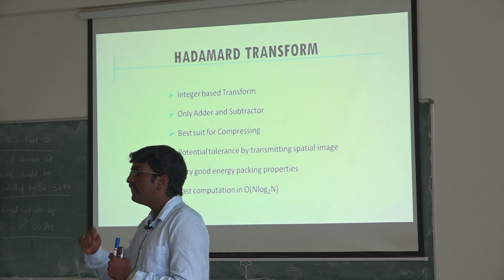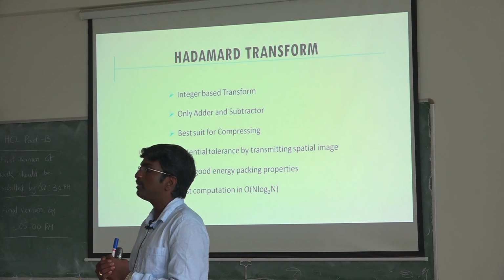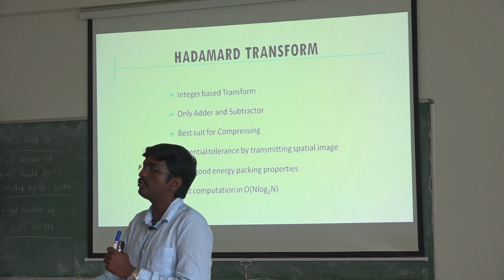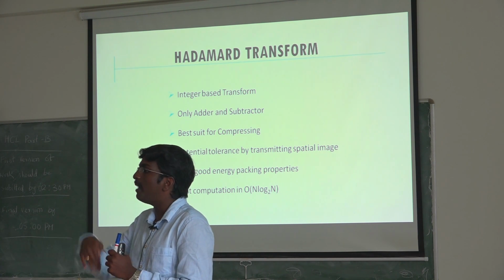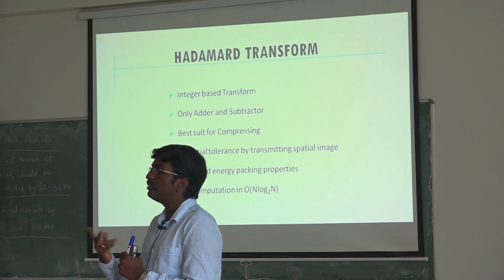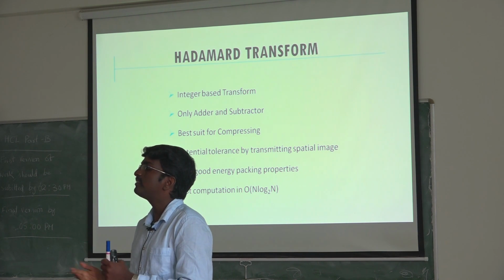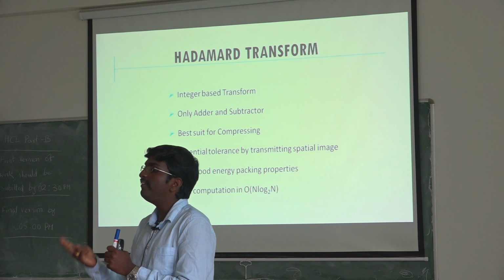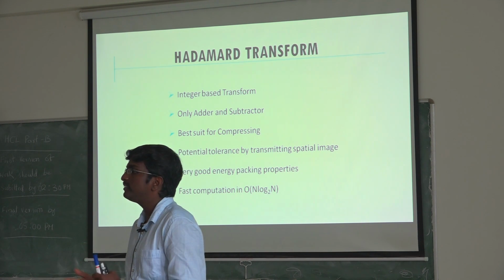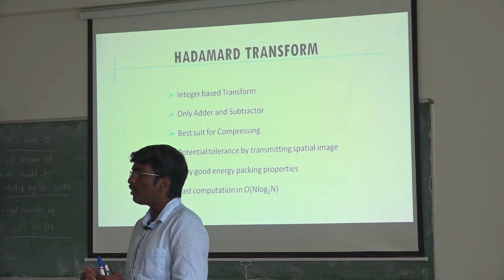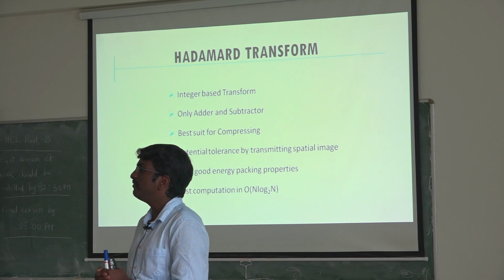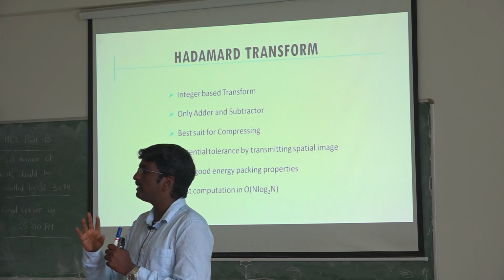Similarly, whenever I process with some other signal, I transform to some other domain, and I need to retrieve it back to the original domain. So if this retrieving-back, inverse property exists, then we say it is orthogonal. If this retrieving property does not exist, we will not say it is orthogonal. So we need integer-based coefficients to retrieve the signal back.